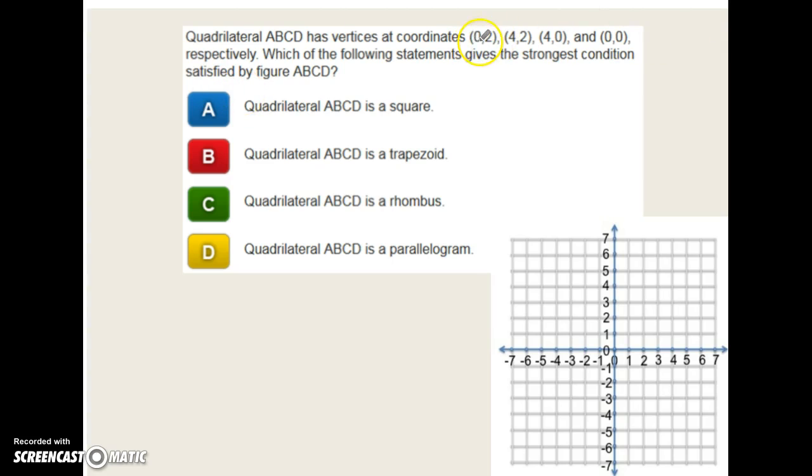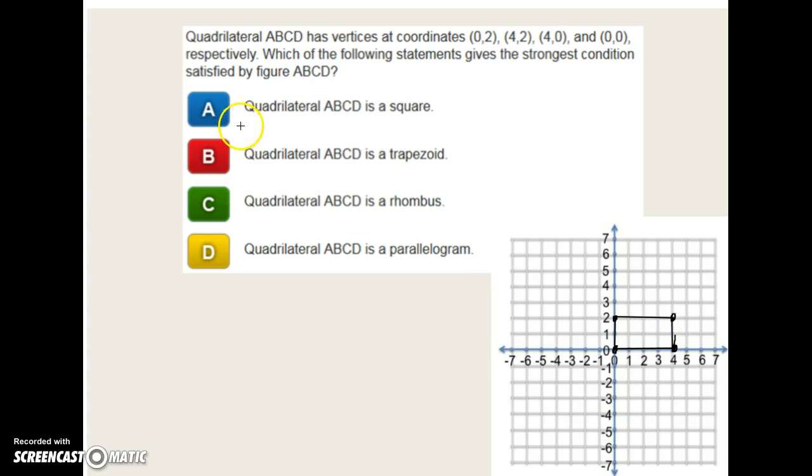So let's first graph it. (0, 2) is here. (4, 2) is this point here. (4, 0) and (0, 0). Looking at this shape, I can easily see that this is in fact a rectangle with 4 right angles and 2 sets of parallel lines.